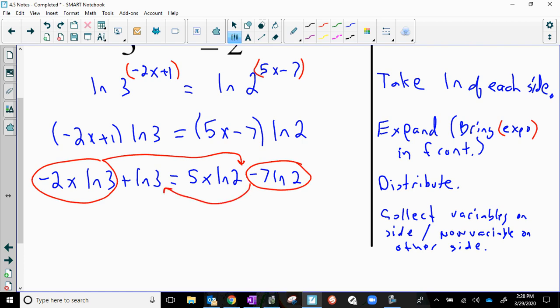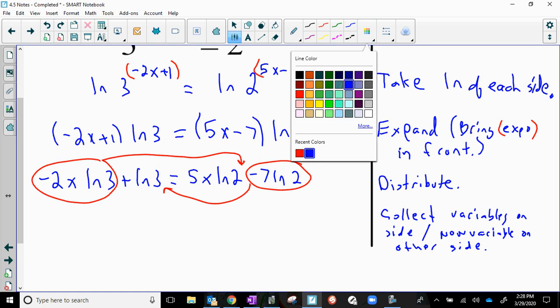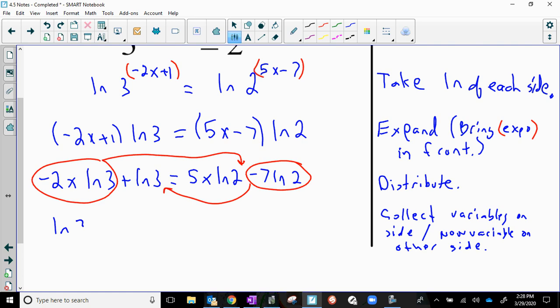You can put your x's on the left and your constants on the right. It doesn't matter. We'll have the same answer. So I'll have the natural log of 3 plus 7 natural logs of 2. And that is equal to 5x natural log of 2 plus 2x natural log of 3.